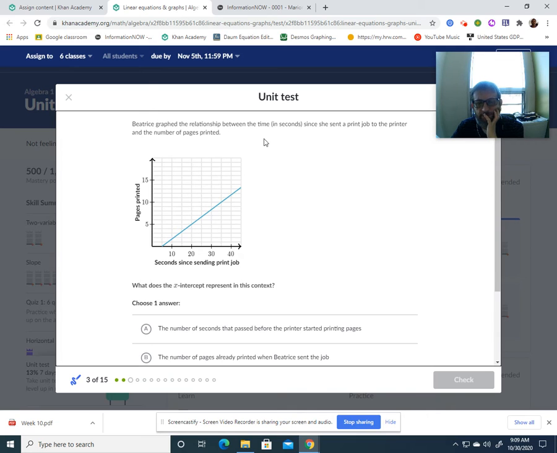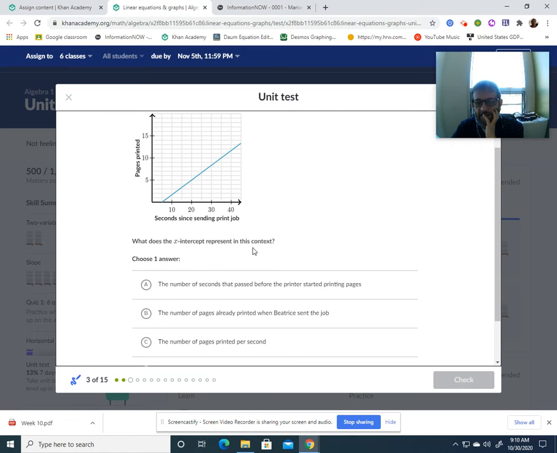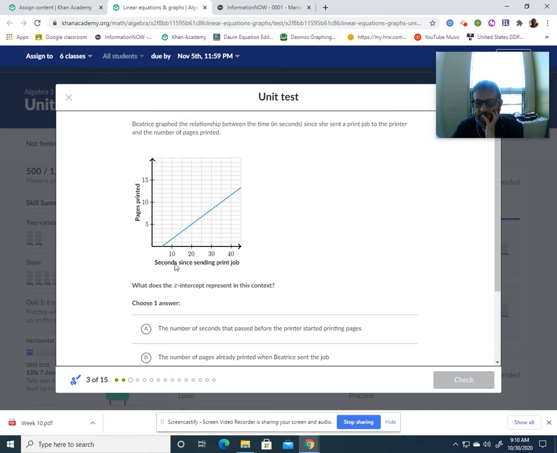Beatrice graphed the relationship between the time in seconds since she sent a print job to the printer and the number of pages printed. What does the x-intercept represent in this context? So this is seconds since the print job. The x-intercept right here is 5 seconds. Now notice, when she sent it, it didn't start printing immediately.